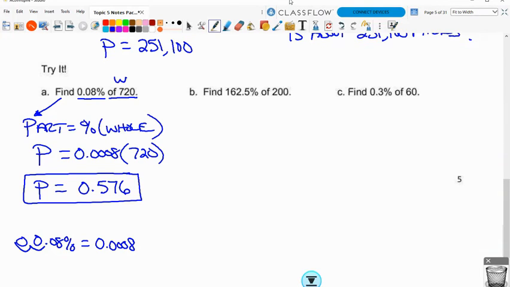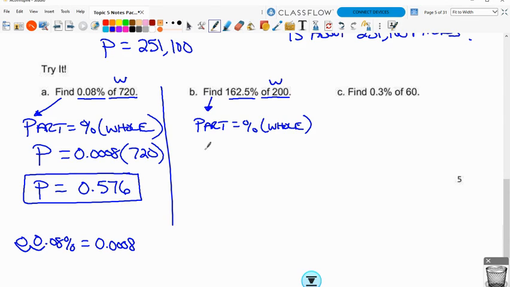In part B, we're finding 162.5% of 200. So once again, we'll start with the percent equation. Part equals a percent times the whole value. And we always find a percent of the whole. So the whole in this case is going to be 200. We know our percentage. What we're finding is the part. So P equals 162.5%.